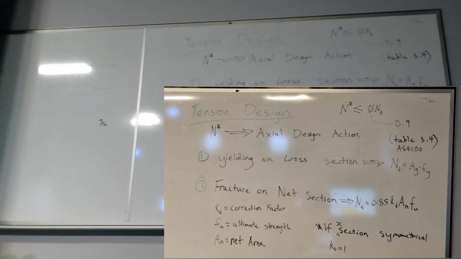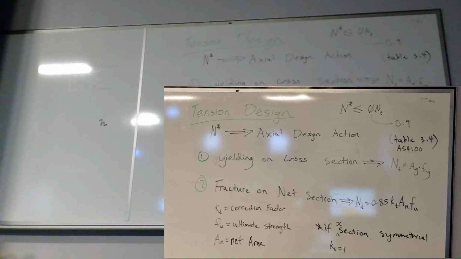This is for bolt holes, right? So you're going to have a different area. Remember A is obviously for area, so we're talking in terms of area. What's going to be the difference in area when we talk in terms of yielding on the whole section versus yielding when there's bolts? When you have bolt holes, what do they do to the area? Reduce the area, right?